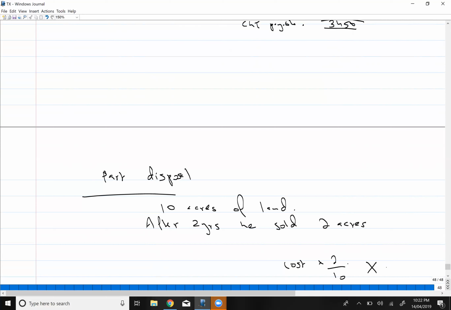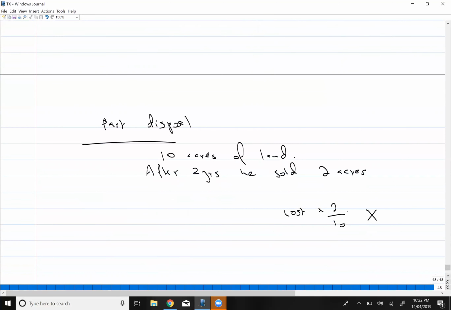In part disposal, we know exactly for how much that part is sold for, but the main problem is cost. So over here, the cost will be computed by using a formula. Let's say those 2 acres are sold for, assuming the DP, disposal proceeds, is 50,000.